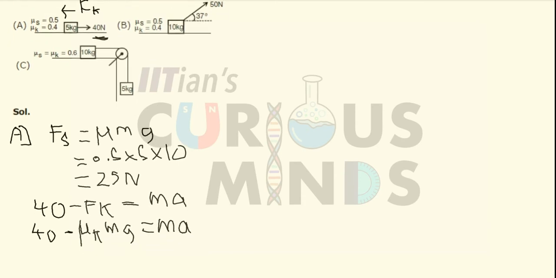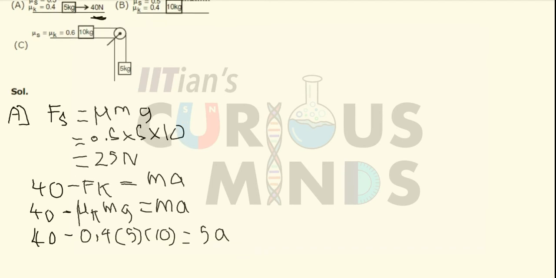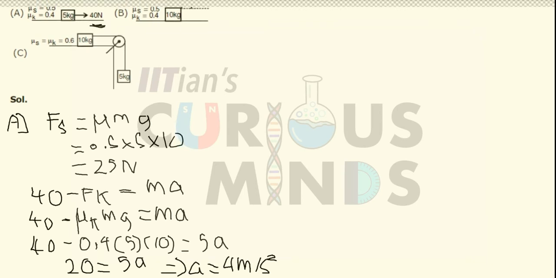So 40 minus 0.4 into 5 into 10 is equal to 5 into acceleration a. This gives 40 minus 20, that is 20, equal to 5a. So in the first case, acceleration will be equal to 4 meter per second square.